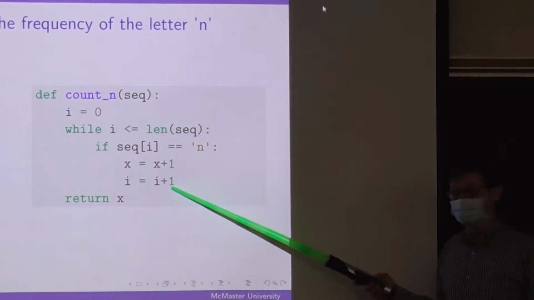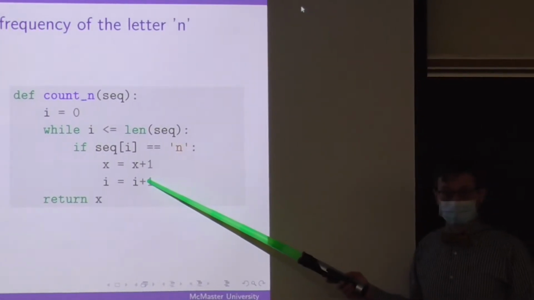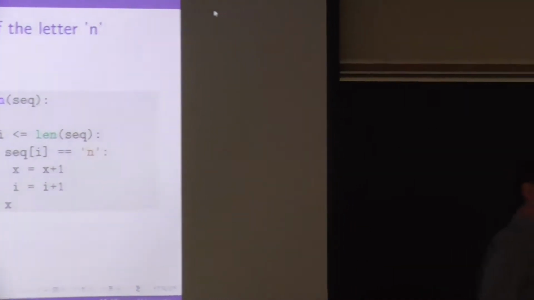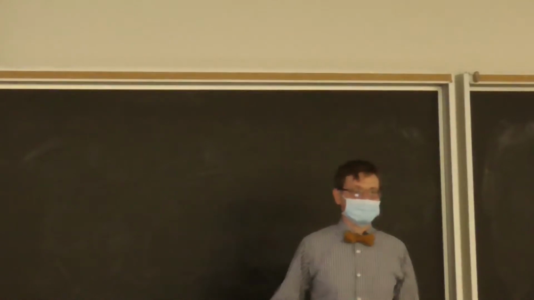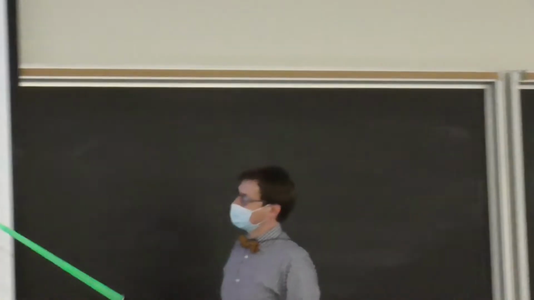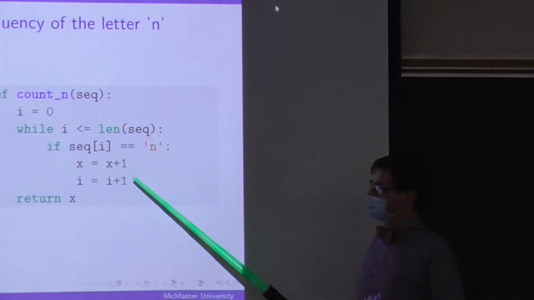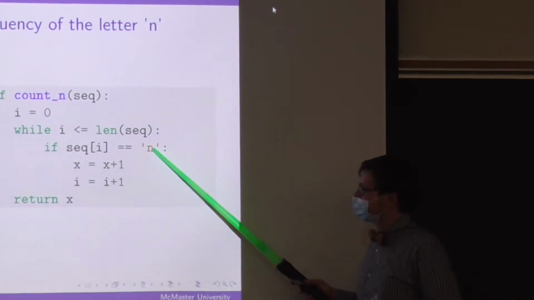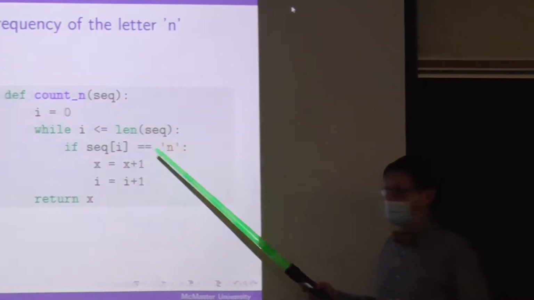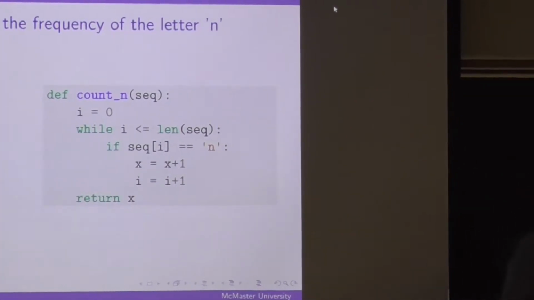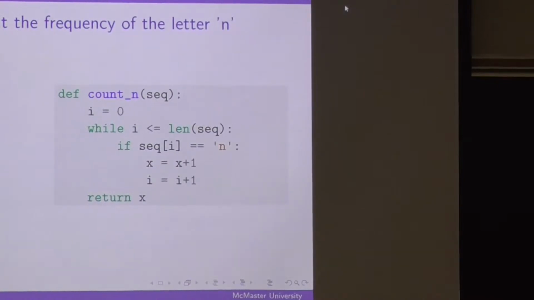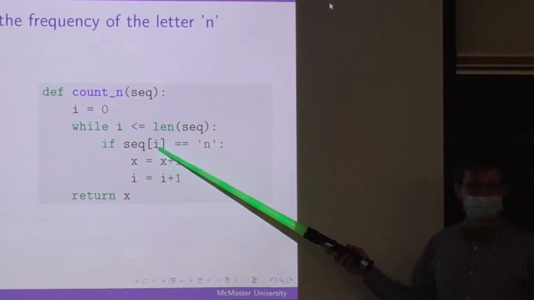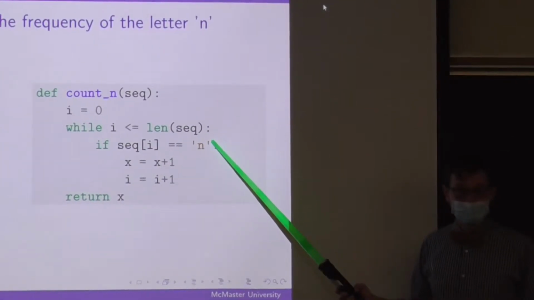So this is, in my opinion, the most interesting error, because this error would only sometimes cause infinite loops, which is kind of interesting. So this would not cause an infinite loop if sequence was composed entirely of the character n, right? Because I is only incremented if the current element in the sequence is equal to n, right?